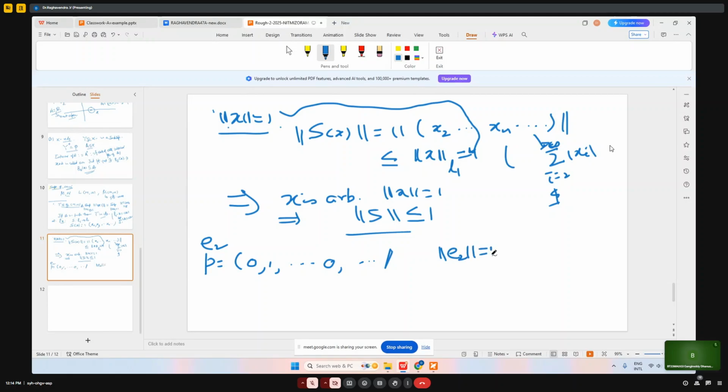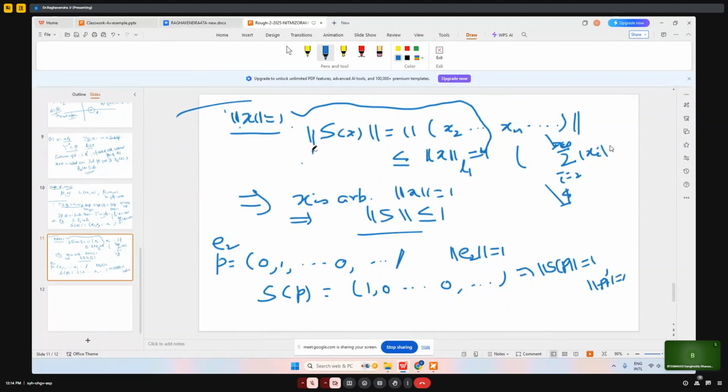Please understand this argument carefully. And S of p will be, that 0 drops out, and this is a shift operator. This implies that norm of Sp is 1 and norm p is 1. That means the supremum is attained.